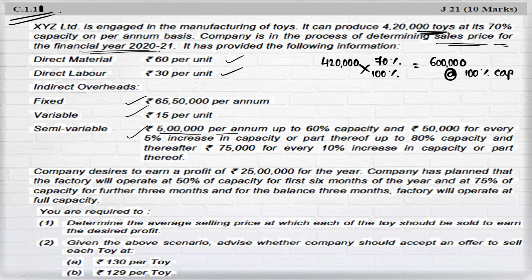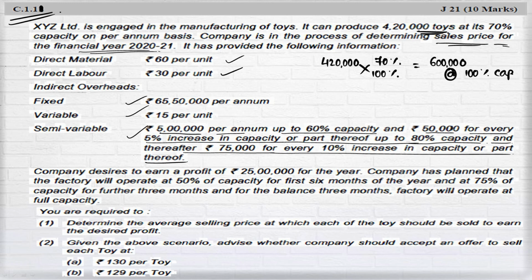Rupees 5 lakh per annum up to 60% capacity and rupees 50,000 for every 5% increase in capacity or part thereof up to 80% capacity, and thereafter 75,000 for every 10% increase in capacity or part thereof.